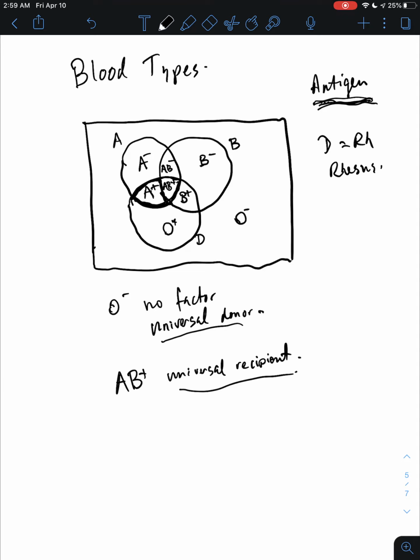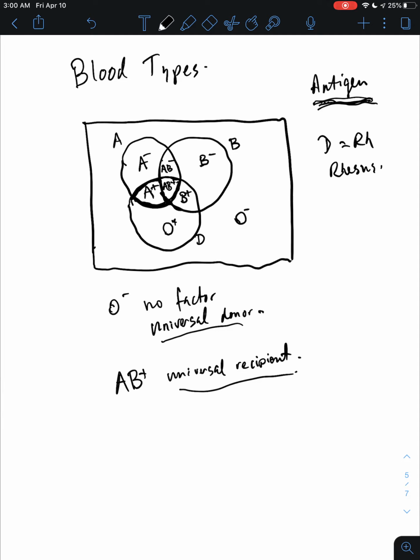No, that's the question we just answered. Who can donate to them? Who can donate to somebody classified as A positive? Well, anybody without the B antigen. So they have to have the A antigen or the D antigen, but not the B antigen. Anybody who doesn't have the B antigen.